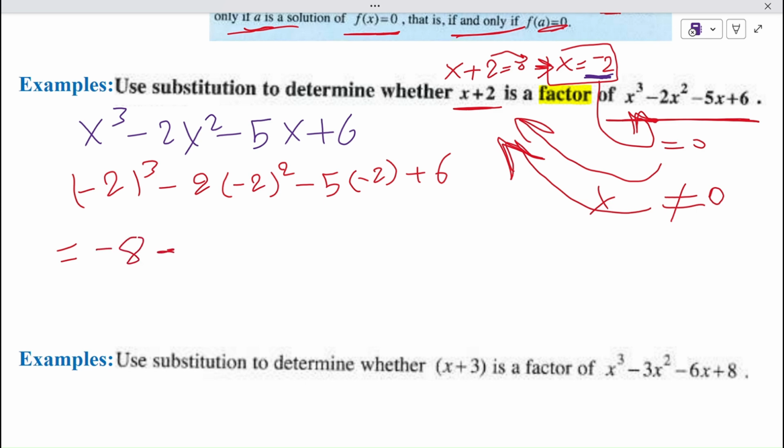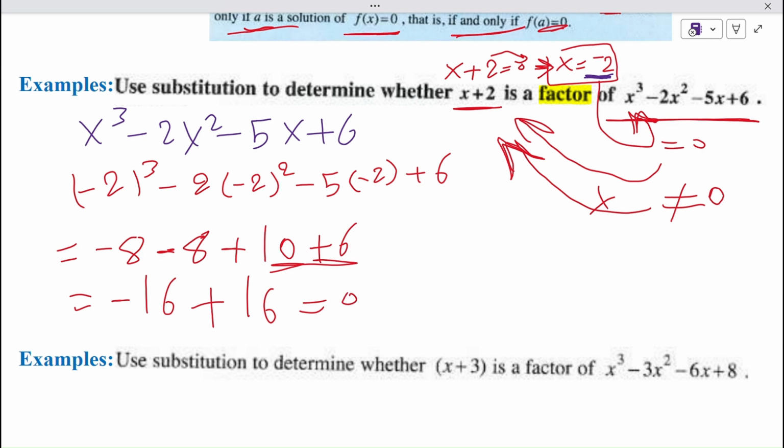So minus 2 times 2 is 4, times 2 is 8 again. Okay, minus times minus is equal to plus. 2 times 5 is 10, plus 6. Okay, so here we have minus 8, because we have minus, we have the same sign, you have to add them, writing the same sign, minus 16 plus 10 plus 6 is equal to 16.